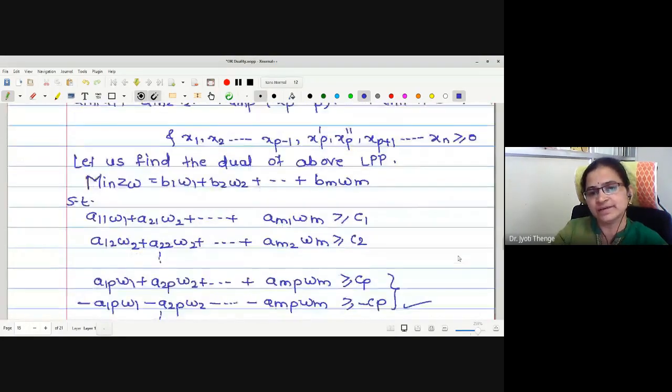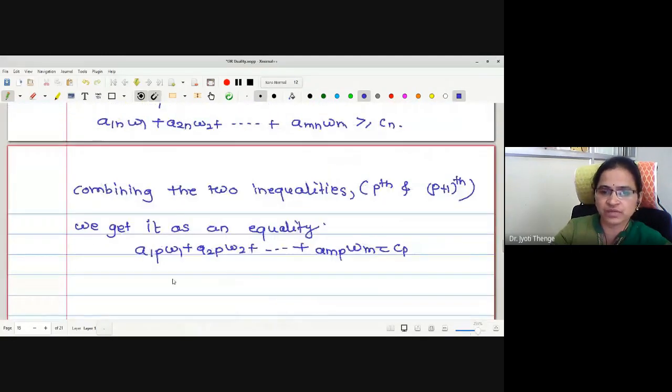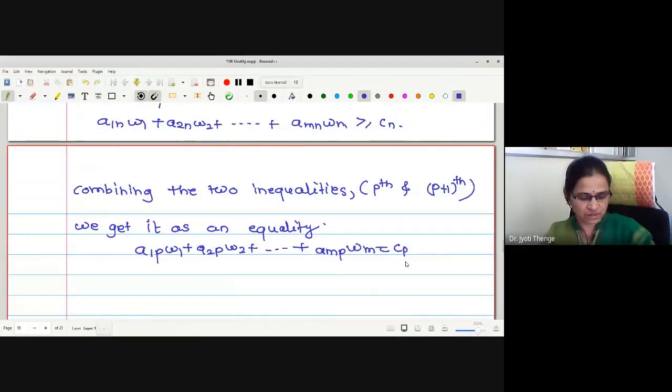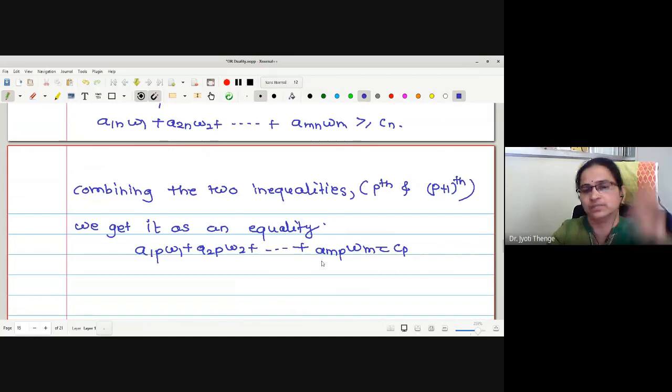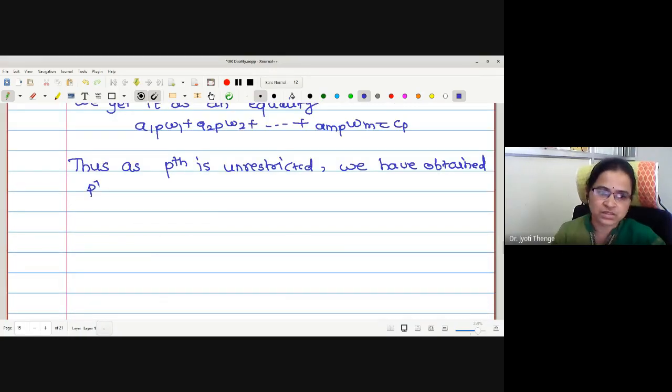Correct? Therefore, we started with the pth variable as unrestricted, and here which constraint have we obtained as an equality? The pth constraint we have obtained as an equality. Here you can write this as: pth variable is unrestricted, we have obtained pth constraint as equality. Yes, any doubt on the proof?